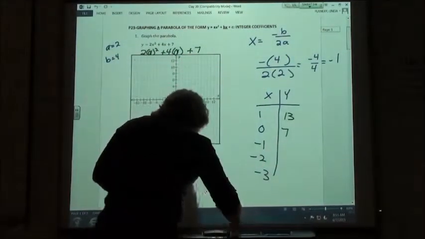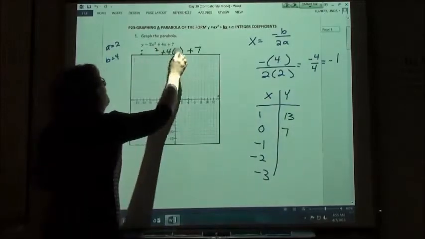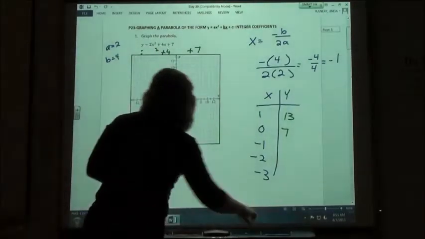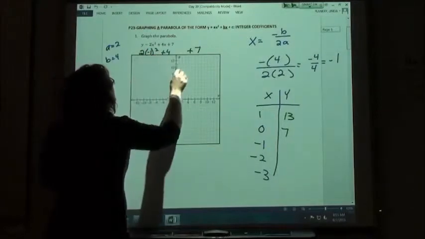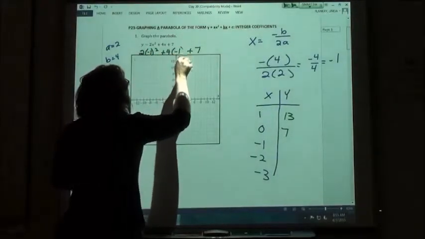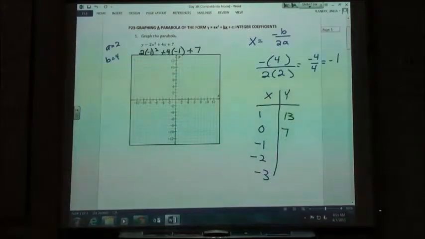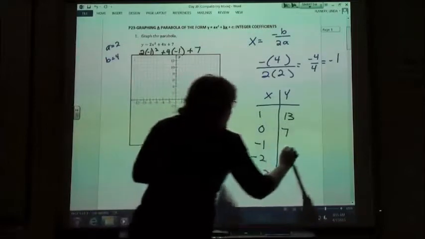All right. Now, guess what we got to put in there? Negative 1, exactly. So 2 parentheses negative 1 squared plus 4 parentheses negative 1 plus 7. 5, okay?